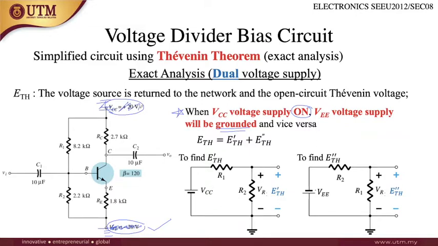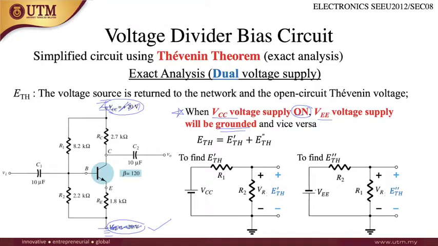All right, so there are 2 cases here. Either VCC is on or VEE is on, so we need to consider both cases. First, if the VCC voltage supply is on, the VEE voltage supply will be grounded. The other case is when the VEE voltage supply is on and the VCC voltage supply is off.